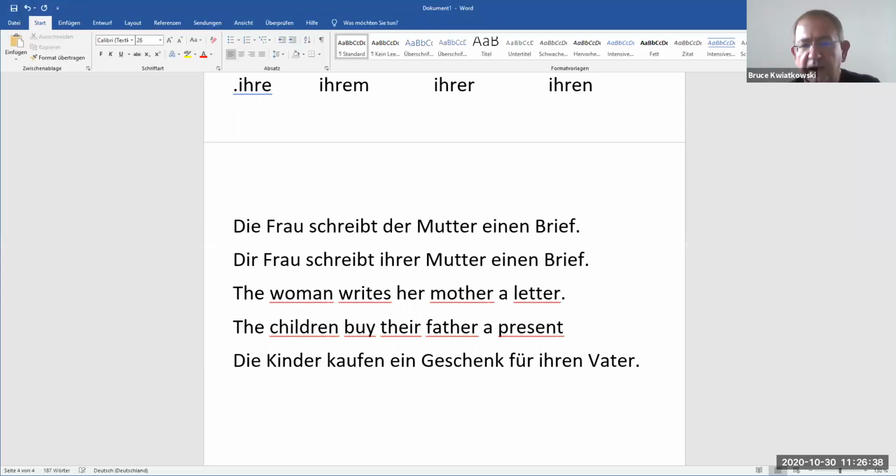That's with the accusative case. Okay? I'll rewrite this one again. The children buy a present for their father. But it's easier to express it in the dative case, less words. I don't need a preposition.